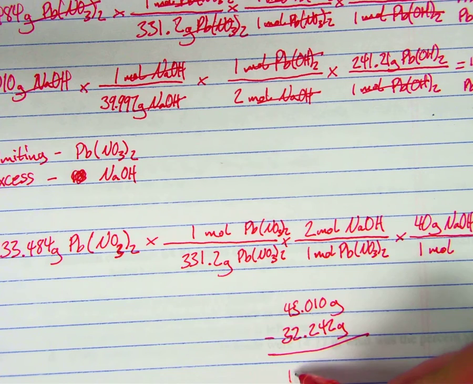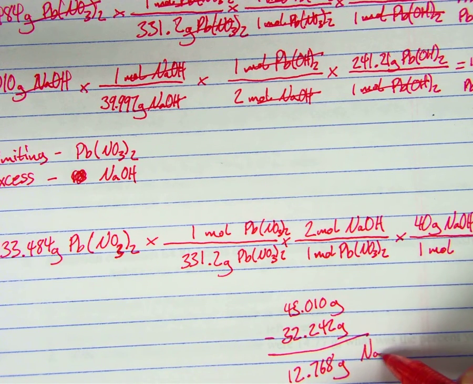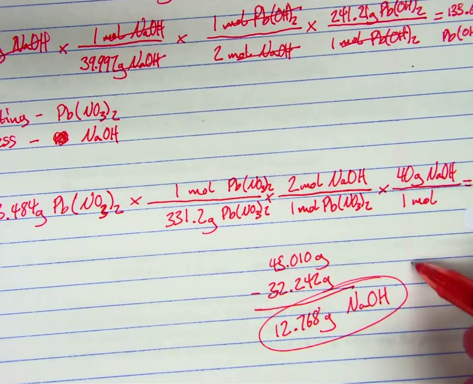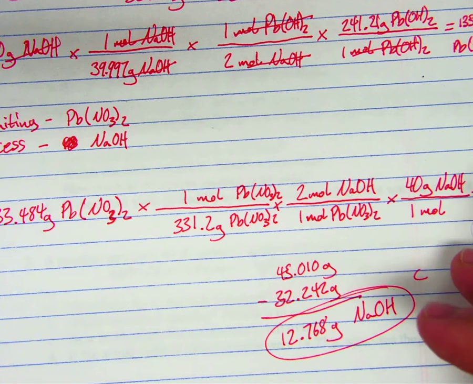So I have an excess of 12.768 grams of NaOH. So that's my answer right there for C. So that's part C. Okay, answer for C.